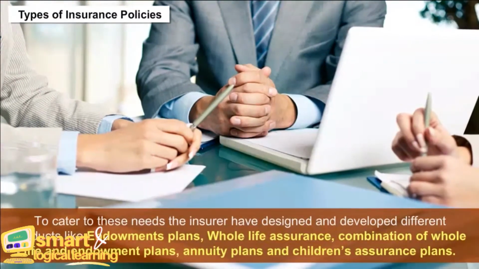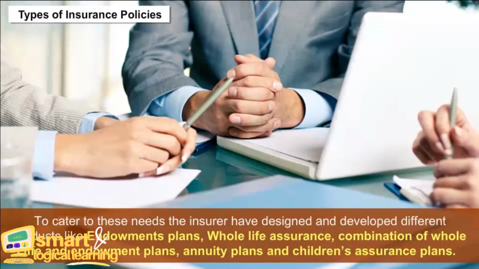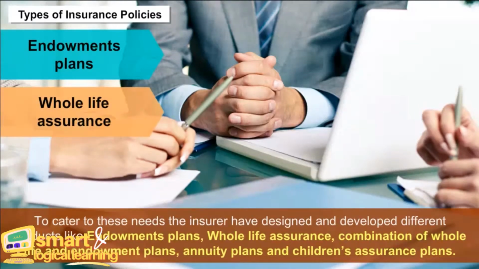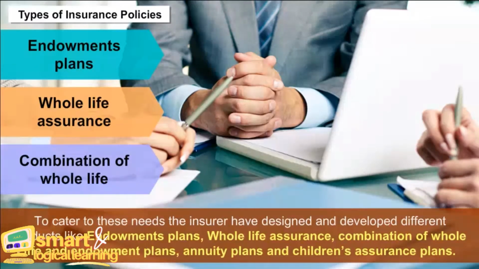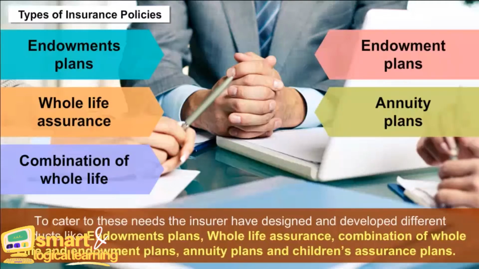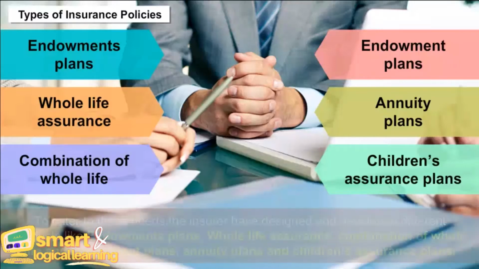To cater to these needs, insurers have designed and developed different products like endowment plans, whole life assurance, combination of whole life and endowment plans, annuity plans, and children's assurance plans.